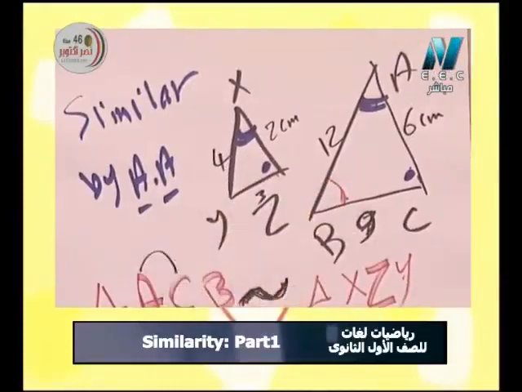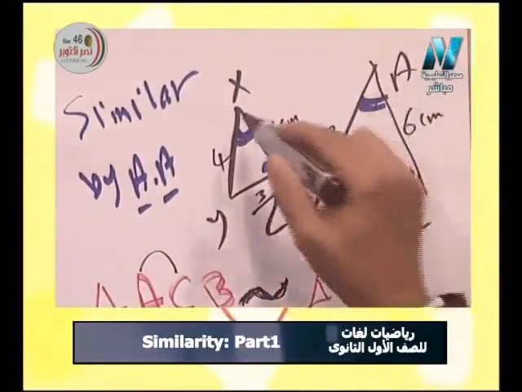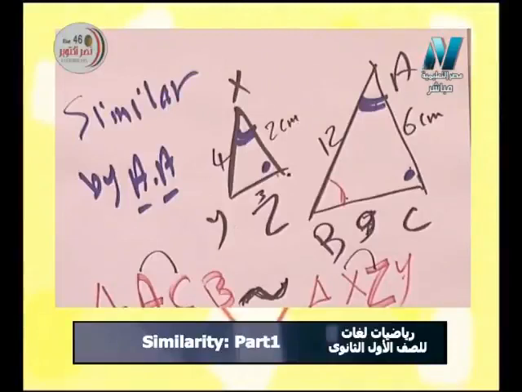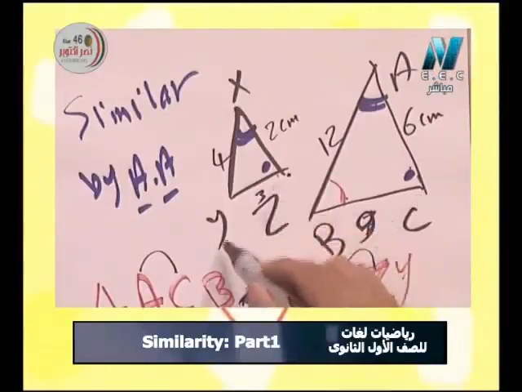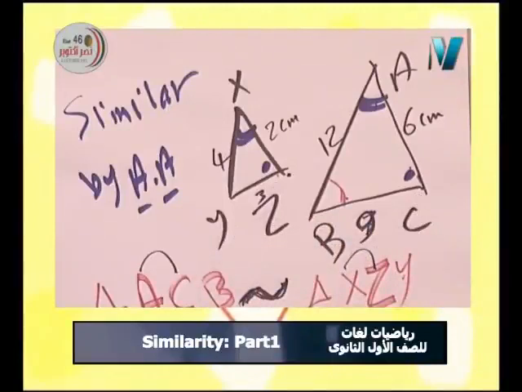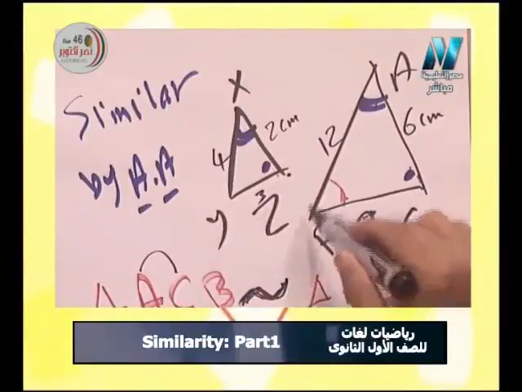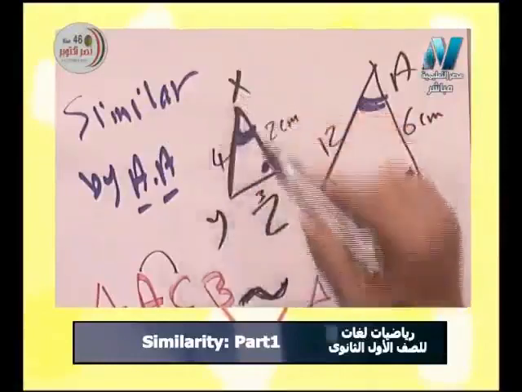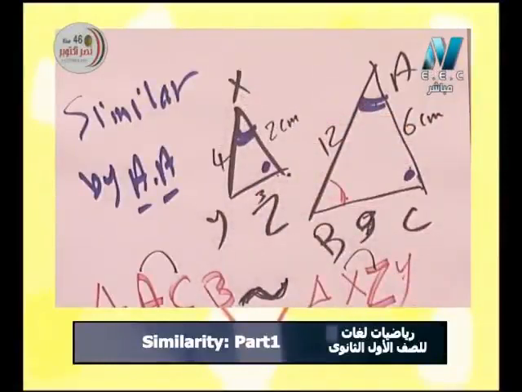If we divide AC over XZ, it will be 3, and CB over ZY will be 3 also, and BA over YX will be 3. Then they are proportional.